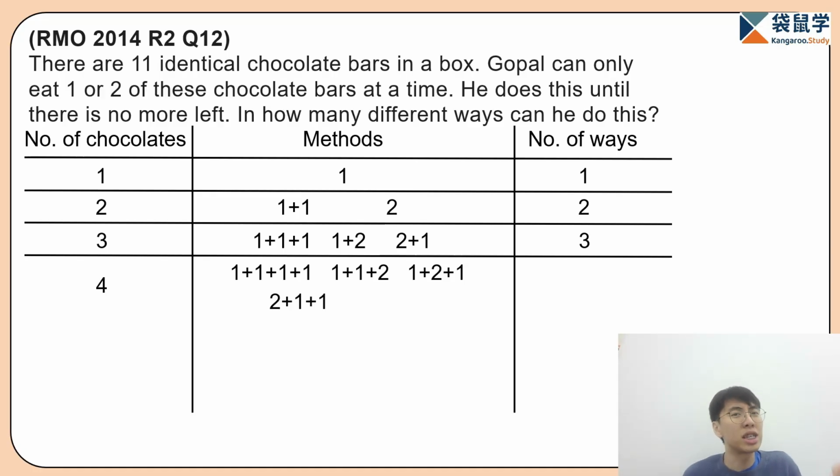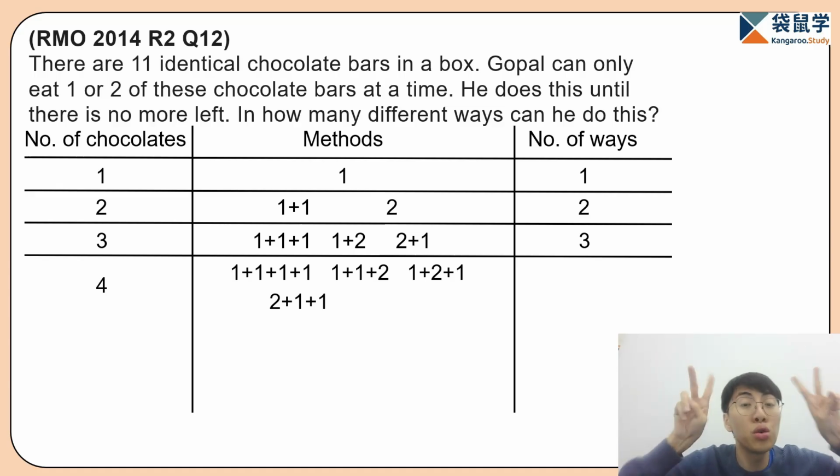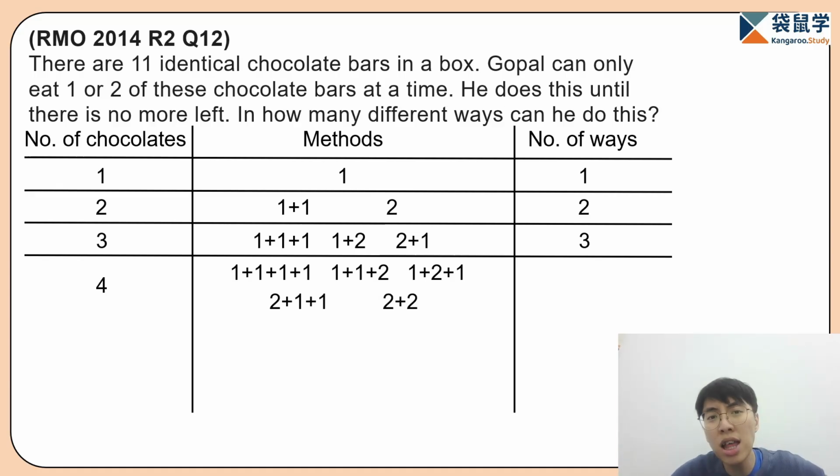But aside from this, you can also choose to eat two chocolates for two times, 2 plus 2. And that seems to be all of the different methods used to eat these 4 chocolate bars. So in total, he has 5 different ways of eating these chocolates.